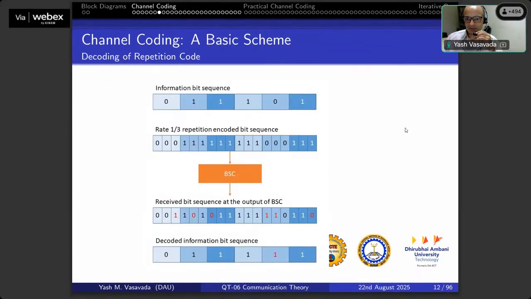Right, so this we already talked about. The good decision strategy is the majority voting decoder in this particular case. Although the channel introduced so many errors, because we repeated it, we used this rate 1/3 repetition code. Most of those errors didn't matter, except the sequence of 2 errors here, because of which 1 bit got corrupted at the end.